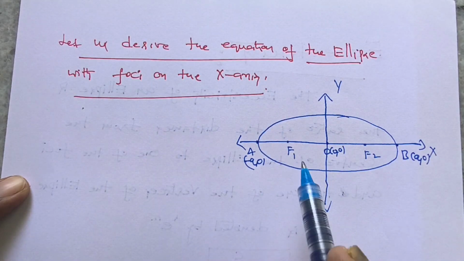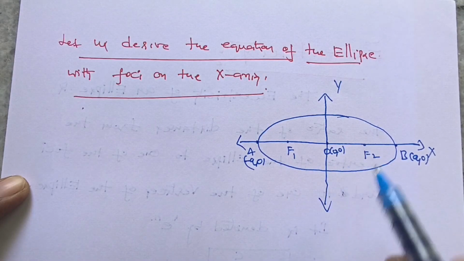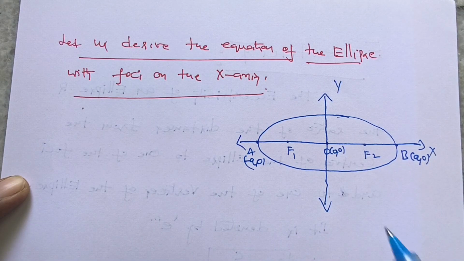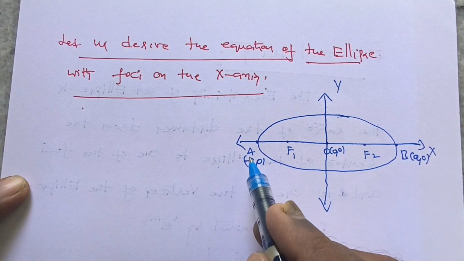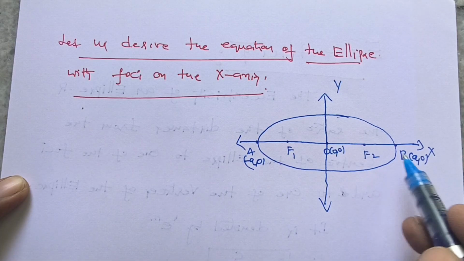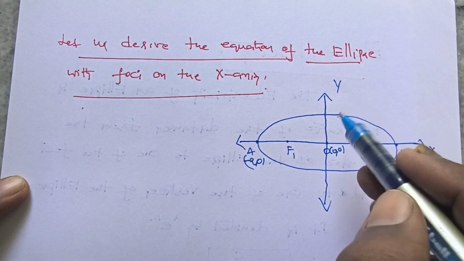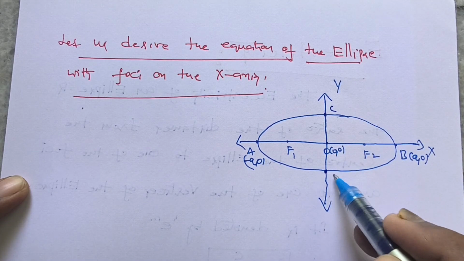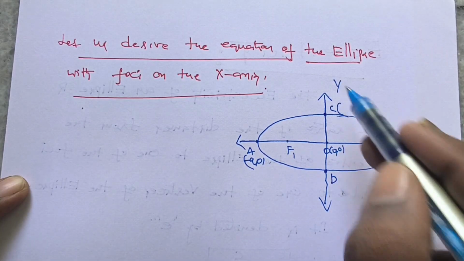Let us derive the equation of an ellipse with the foci on the x-axis. We know the ellipse figure if the foci are on the x-axis looks like this. Here A and B are the vertices and O is the center at the origin. The vertical line passing through the origin is the y-axis.